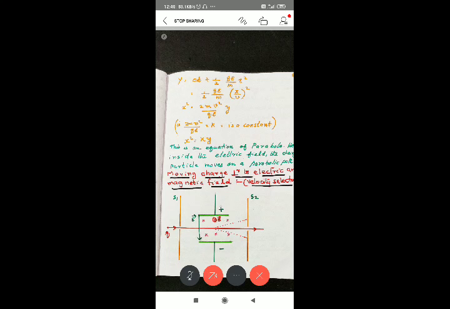Then you take x square from it, because in order to show that it is moving in a parabolic path, we write x square equal to k into y. We are writing x square equal to a constant into y, so that is the equation of a parabola. That constant is 2mv square by qE.